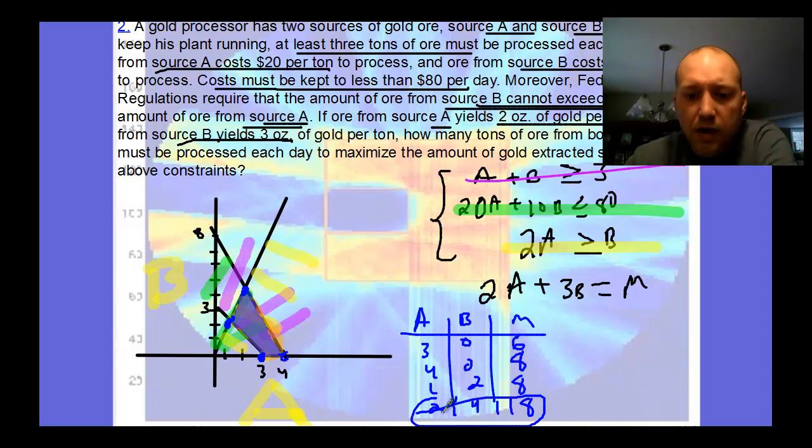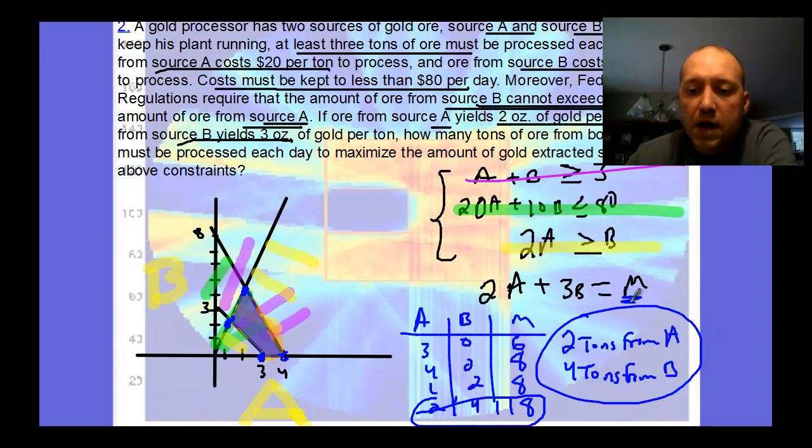So obviously this one right here is going to maximize the production of gold. So you want 2 tons from A, and you want 4 tons from B. And that will produce the maximum amount of gold you can get. We'll call that good.